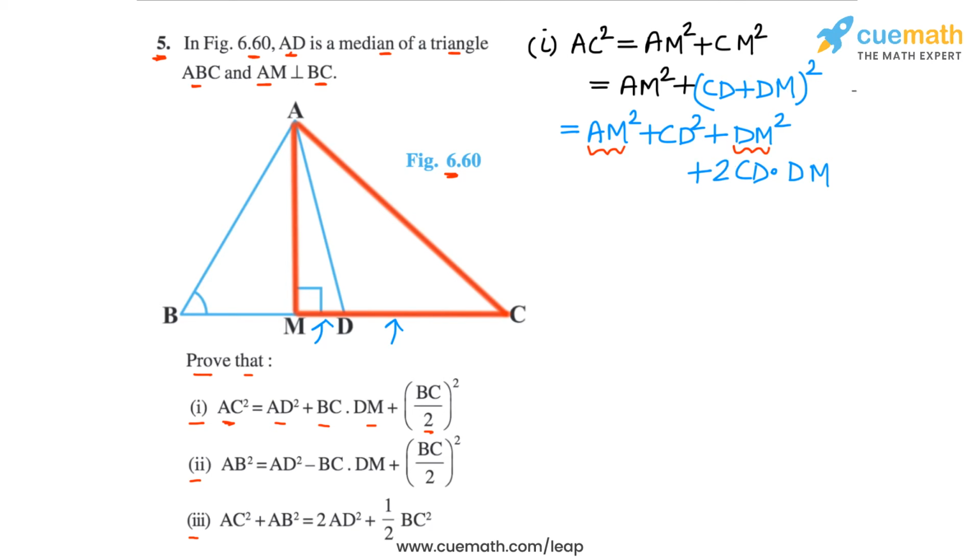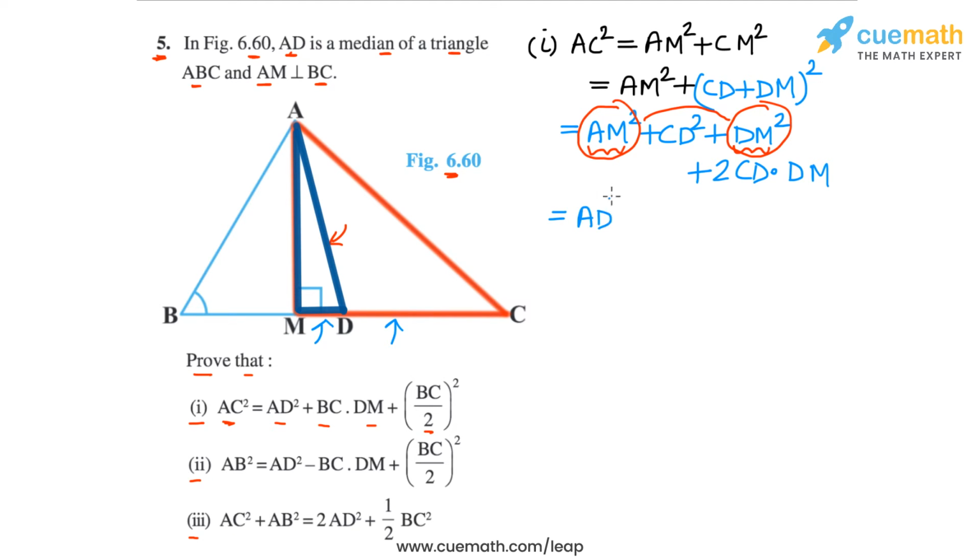Well, yes, if you observe the triangle AMD, in this triangle, if you apply the Pythagoras theorem, you can see that AM square plus DM square will be equal to the square of the hypotenuse AD. So AM square plus DM square can be written as AD square.